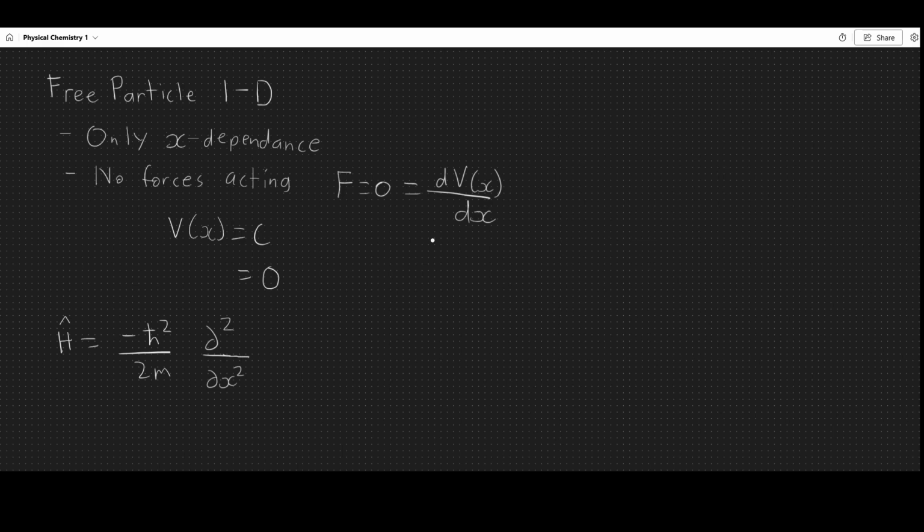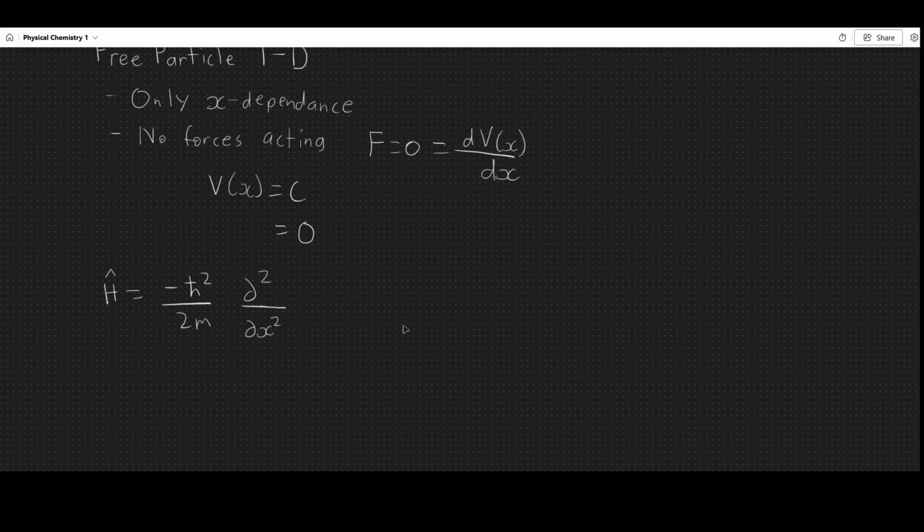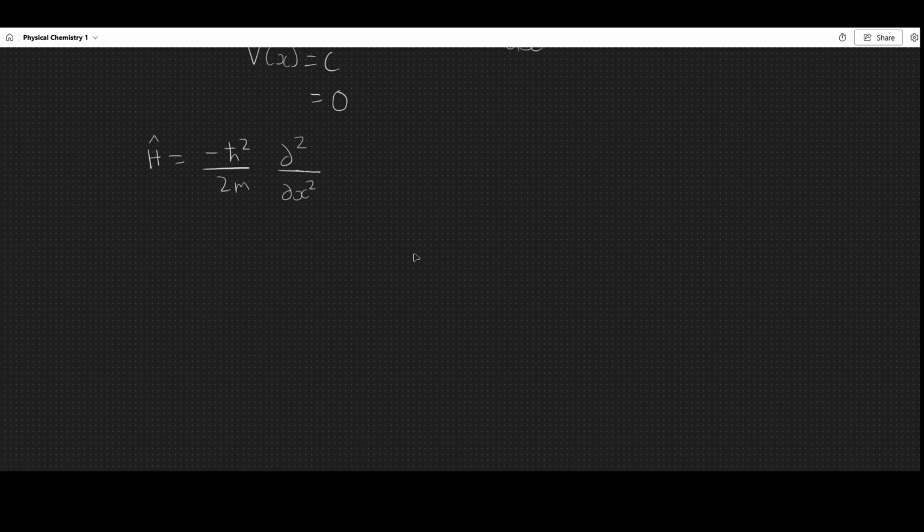Okay, so now we write Schrodinger's equation. So let's write it all out. We have minus h bar squared over 2m del squared over del x squared times the wave function, which only depends on x, and that's equivalent to E times the wave function.